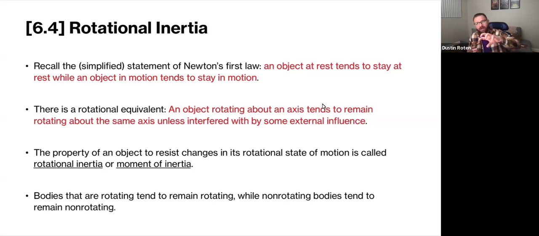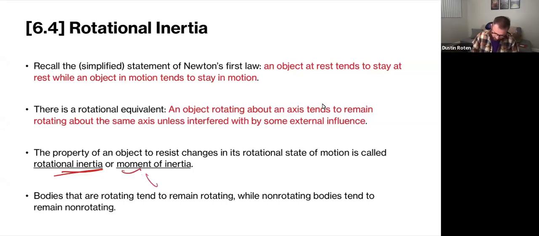So an object rotating about an axis tends to remain rotating about the axis unless interfered with by some external influence. So rotating things will continue to rotate. The property of an object to resist changes in a rotational state is called rotational inertia, also called the moment of inertia.